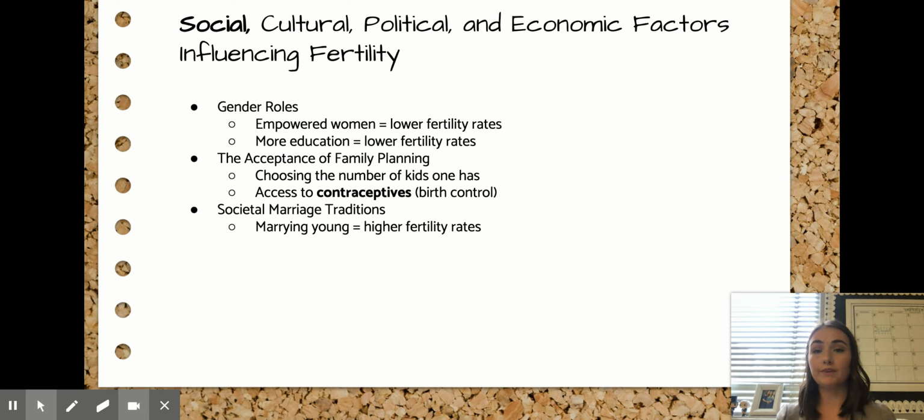Another social factor that influences fertility is the acceptance of family planning. Family planning is choosing the number of kids that you have, and that is accomplished by using contraceptives, which are birth control. There are several forms of birth control, but birth control and contraceptives aren't accepted in all cultures or societies.